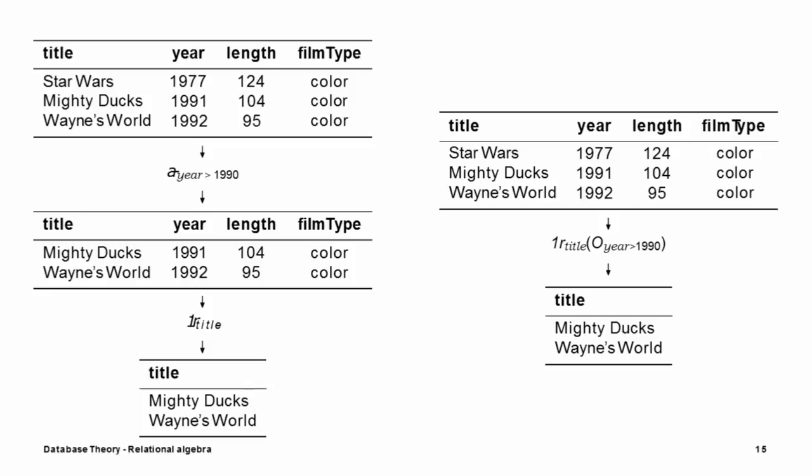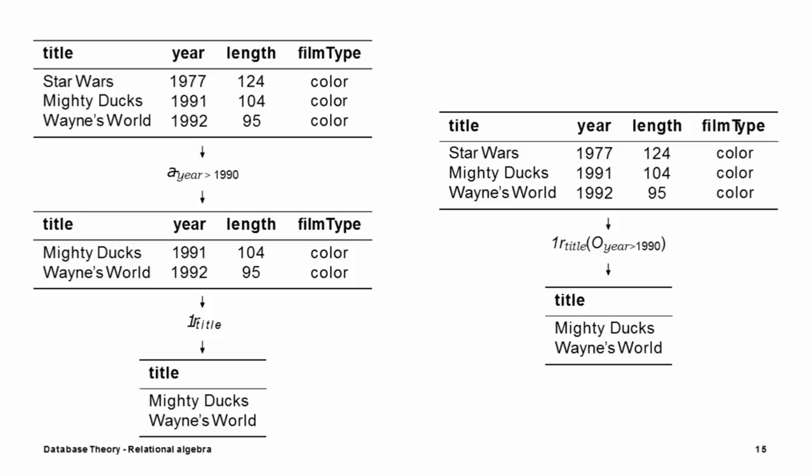Sorry, there's a typo here. If you have a look at the topmost tables to the left, there seems to be a kind of an A. That's not the case. It's the selection. So what you do here is you are using your operator to return those movies produced after 1990.